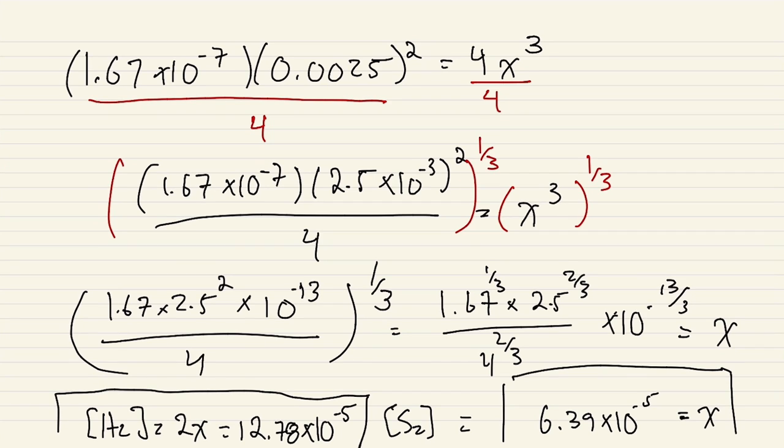I just multiplied this value by 2 to get that value. And you could simplify this scientific notation too, so it'd be 1.3 times 10 to the minus 4. So that's all we have to do. Once you get X, then you're 99% of the way there, right? Even if they have different stoichiometries, you're just multiplying X by a number or subtracting it from another number.